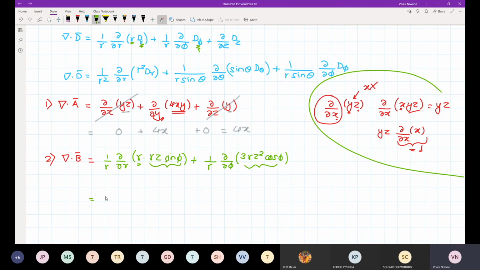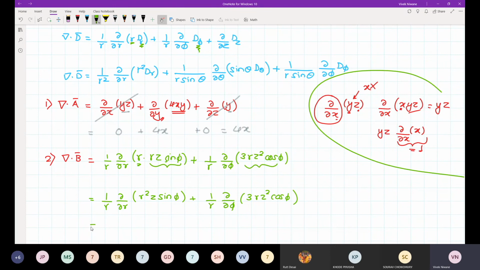Doing the differentials is very easy, particularly when we talk about partial differentiation. So we have ∂/∂r of r²z sin phi plus 1 upon r ∂/∂phi of 3rz² cos phi.